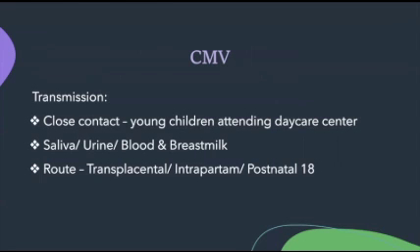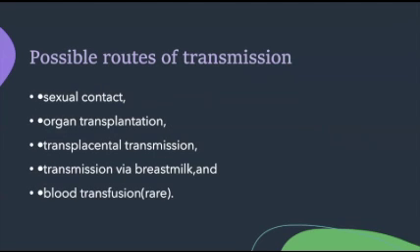Transmission may be by close contact, such as young children attending daycare centers, usually from saliva, urine, blood, or breast milk. Other possible routes of transmission are sexual contact, organ transplantation, transplacental transmission, transmission via breast milk, and blood transfusions.